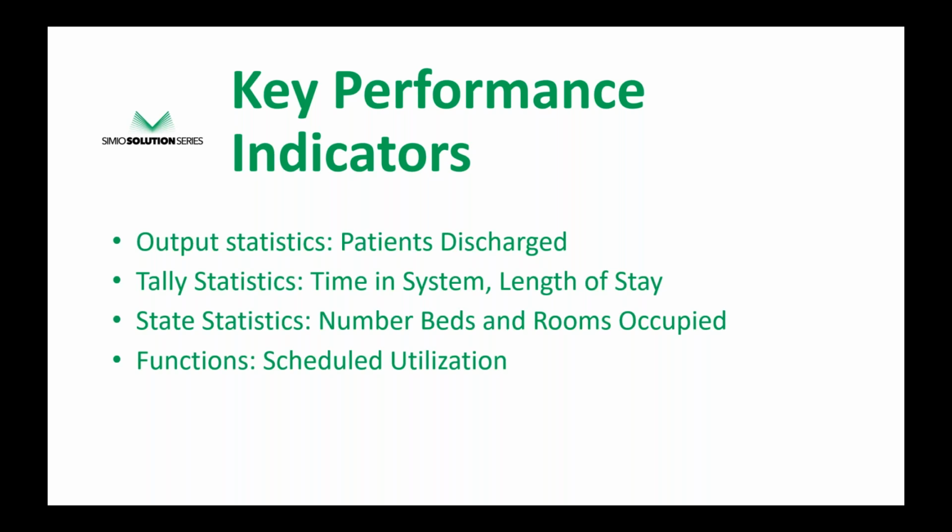And then state statistics, the one we're using is number of beds and rooms occupied. And for our 2 different staffing types, nurses and doctors, we'll look at the function for scheduled utilization. Because the thing about periodic statistics that's important is that they are connected to the other types of statistics that already exist. So I'll show how they work in all of the types.